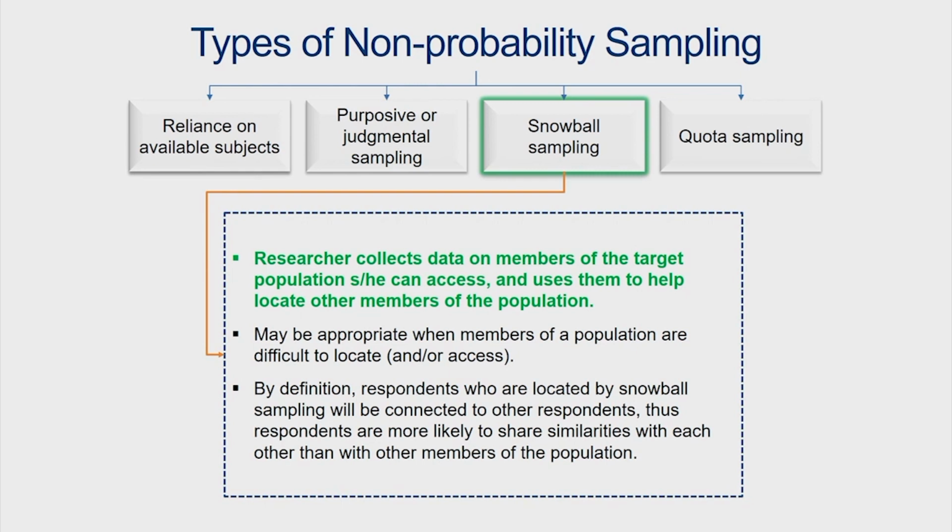Snowball sampling is very frequently used, again, in development research. Here the researchers collect data on members of the target population that they can access, and they use them to help locate other members of the population. Like for example, I was taking the example of migration.